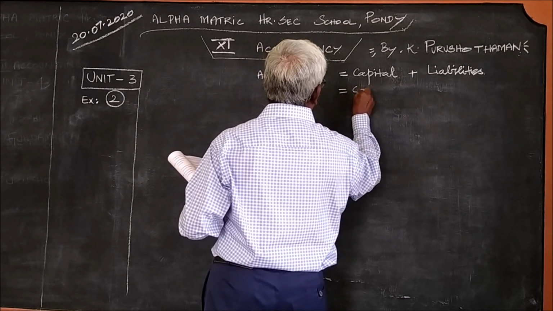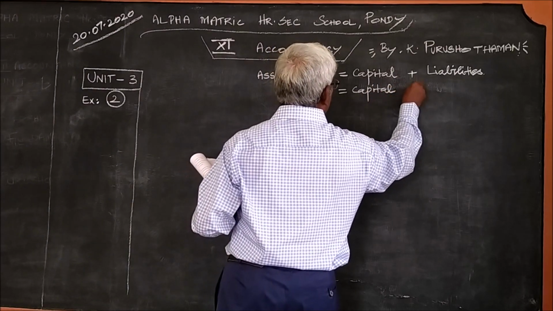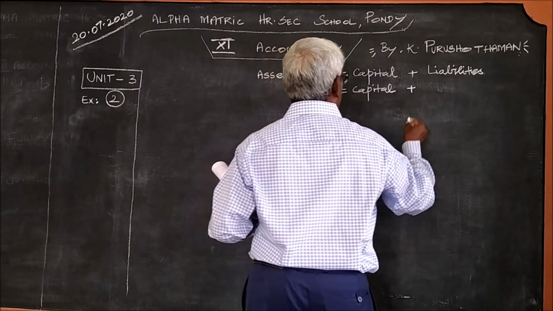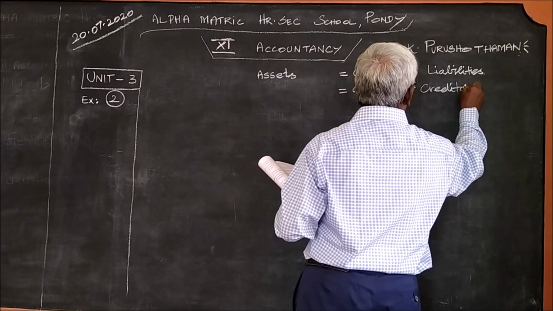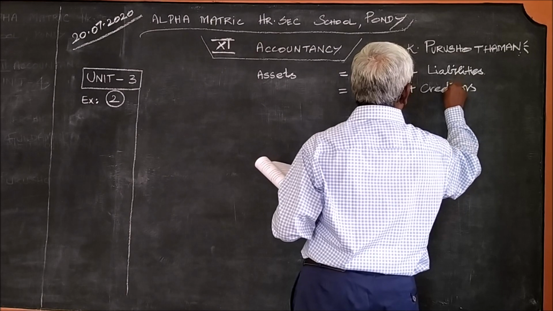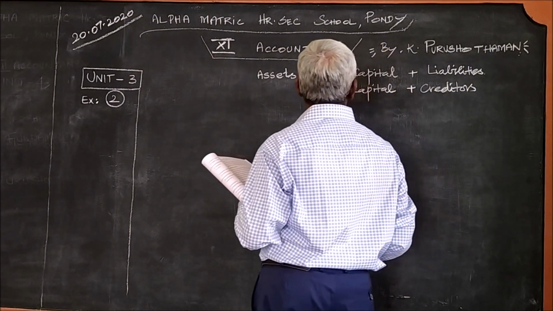Capital we can mention as it is. Liabilities here may be creditors. Creditors in the sense those who have given us some benefits. நமக்கு கடன் கொடுத்தவங்க.